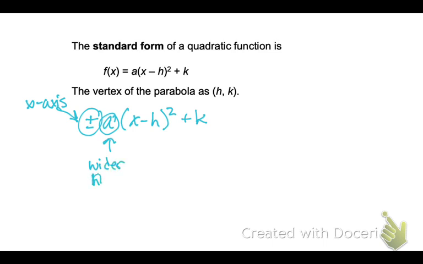And the plus or minus inside is the y-axis. This h is left and right, always the opposite direction. And k is up and down, a vertical translation, same direction.